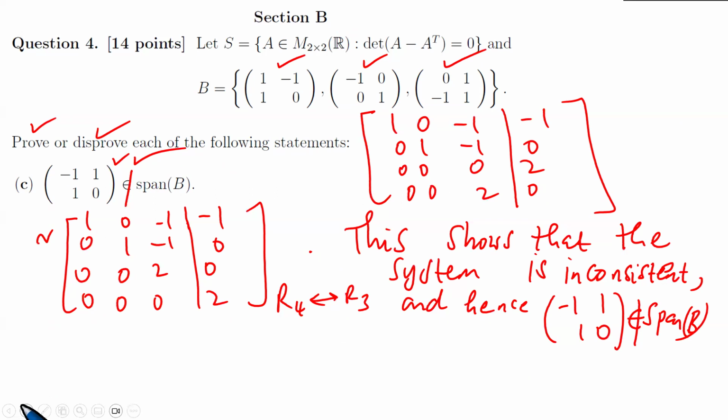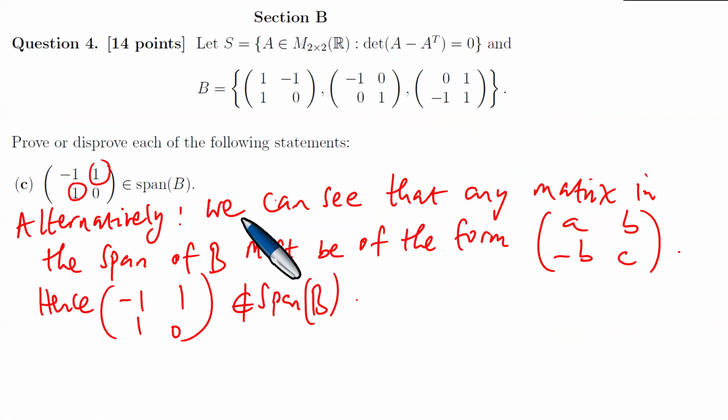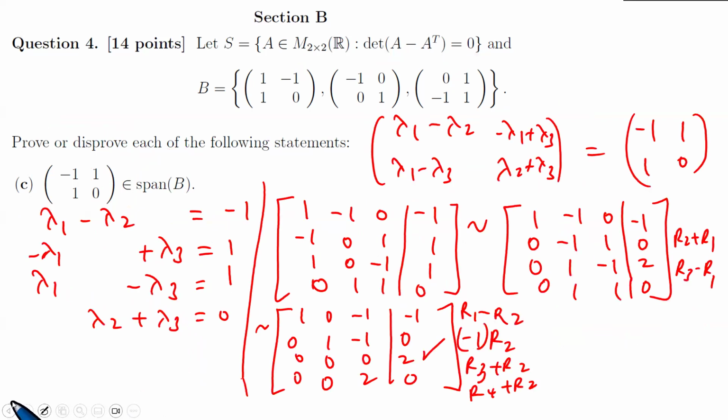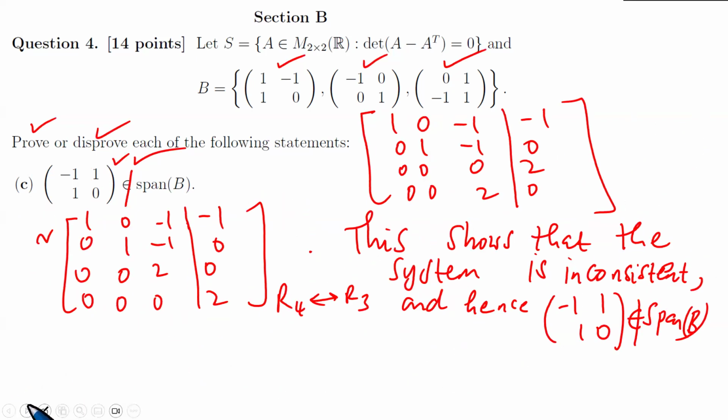Why? Because it means that it can be written as a linear combination of those elements. So the span is not like a basis, because a basis would require that the coefficients, all of them, be zero.